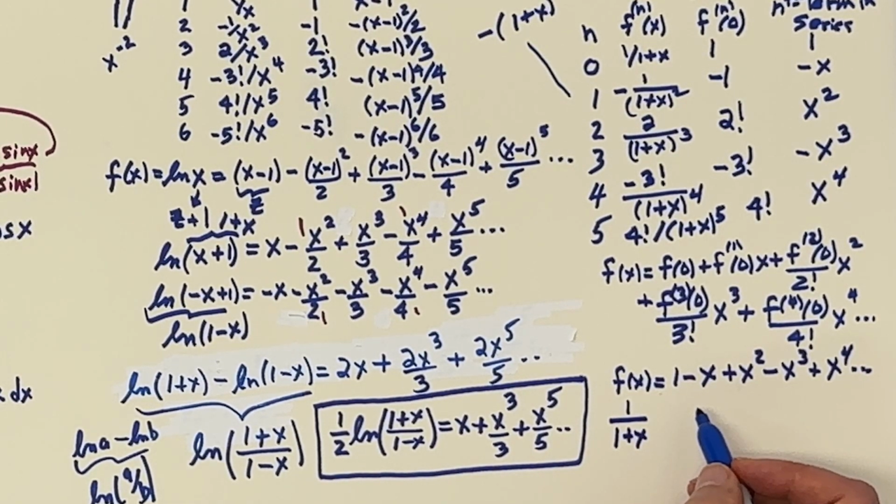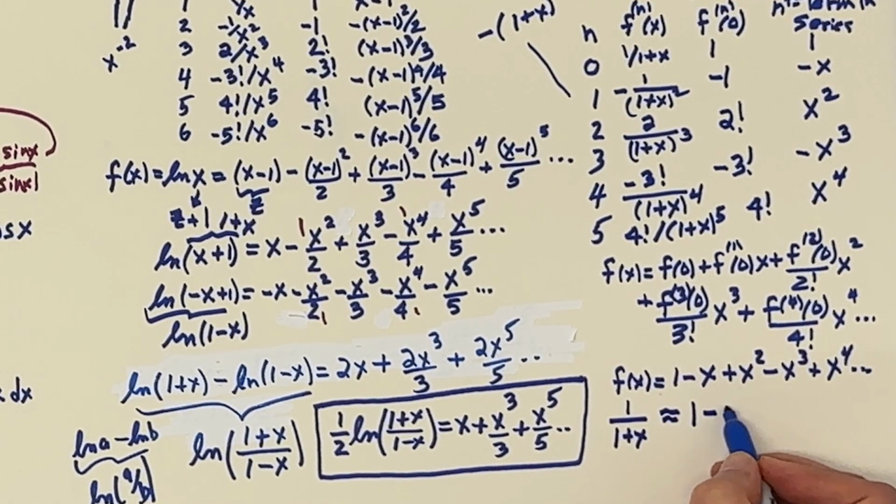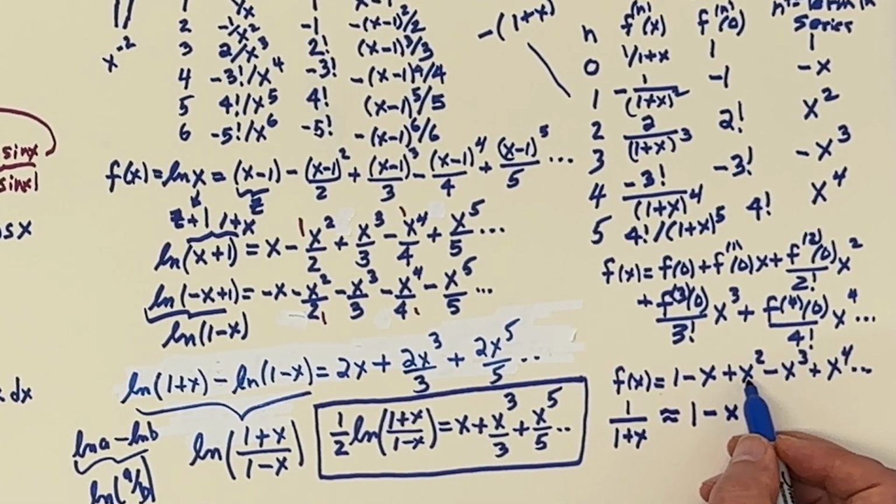Now this formula shows up a lot in physics, and when it does, x is often very, very small. So that means that this is approximately 1 minus x, because if x is very small, like say it's 1 over 100, then x squared is 1 over 100 squared.